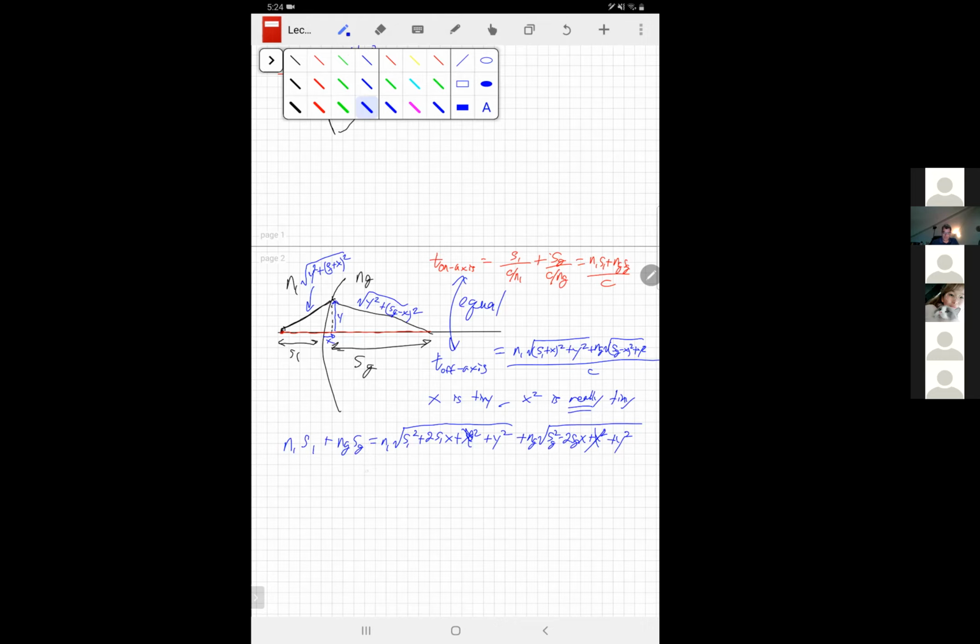Well, then what we're going to do is factor out the big number under each square root. The big number under each square root is s.